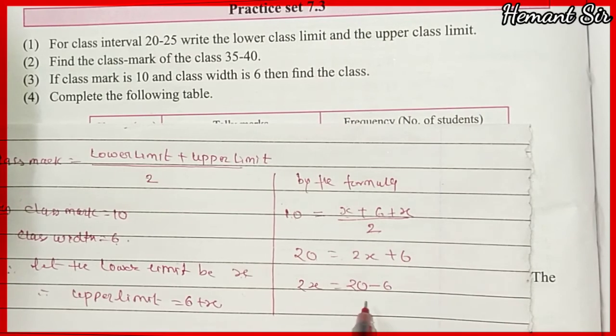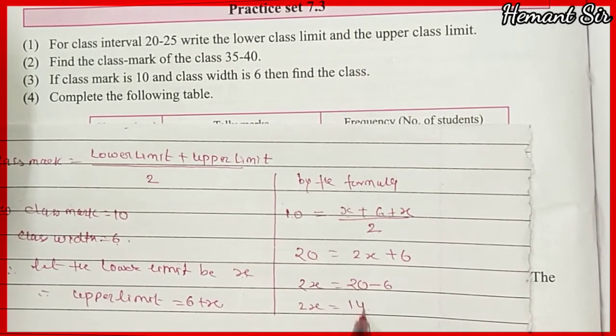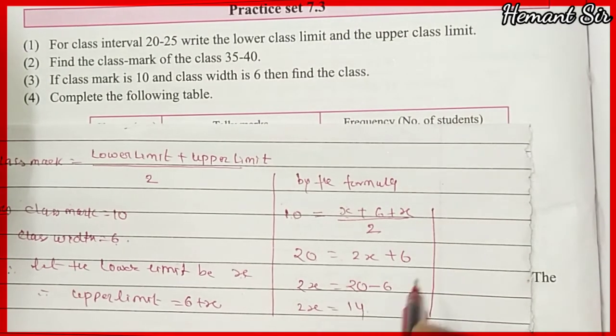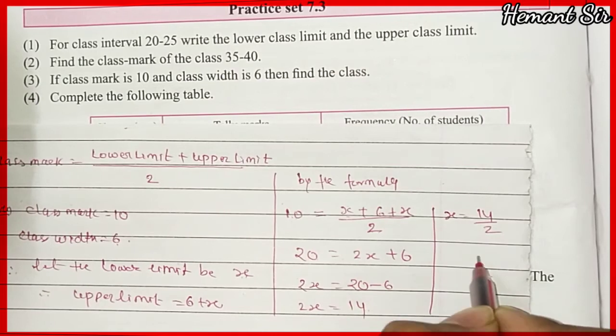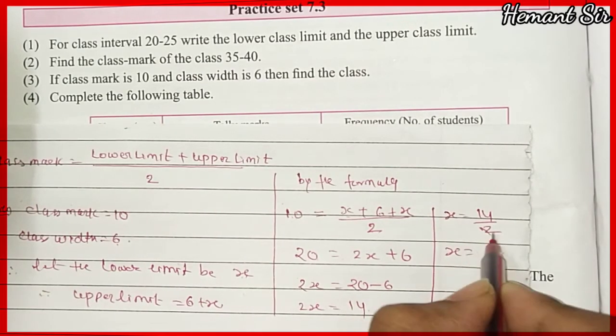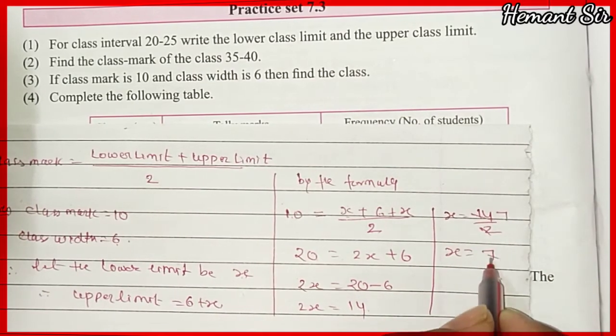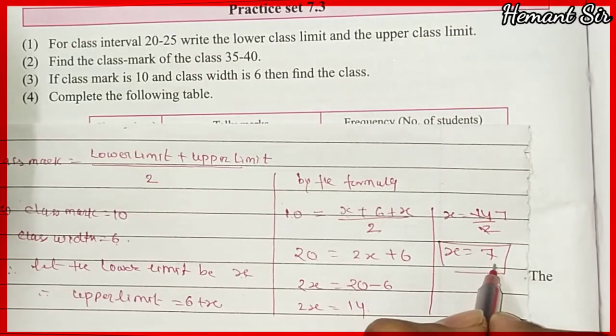Now we transfer this 6 to the other side, we get 2x equals 20 minus 6. 20 minus 6 is 14, so 2x equals 14, so x equals 14 divided by 2, so x equals 7. So the lower limit will be 7. Now what is the upper limit?